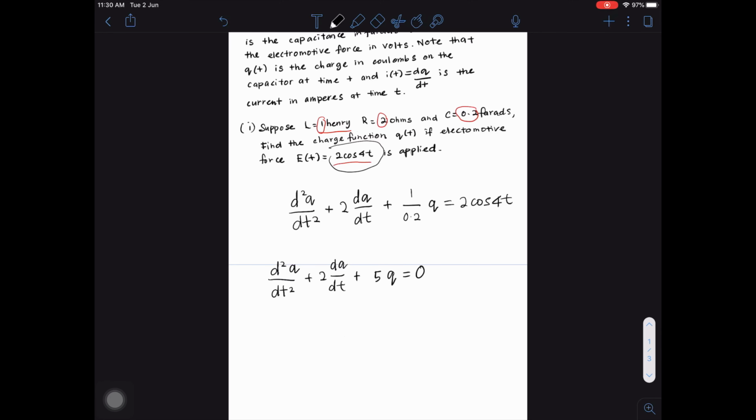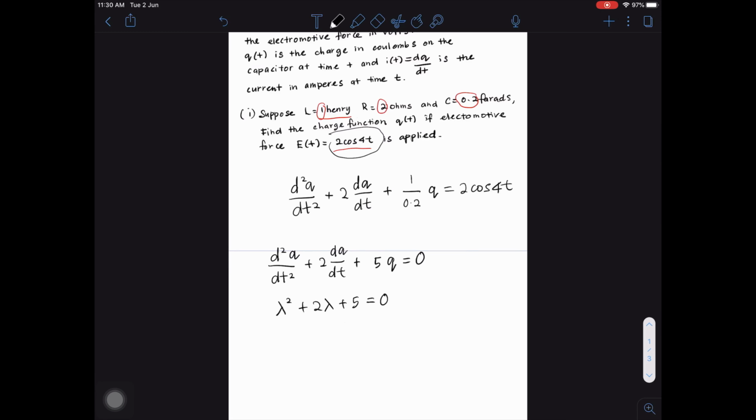Now we turn it into the characteristic equation: lambda square plus 2 lambda plus 5 equal to 0. From here, A is equal to 1, B is equal to 2, and C is equal to 5.